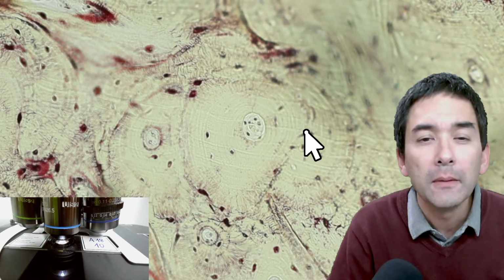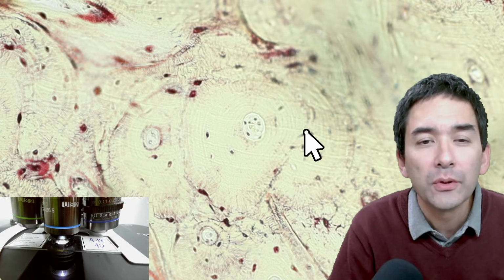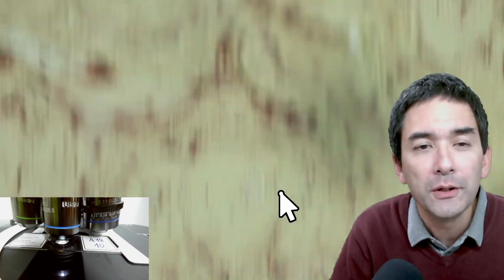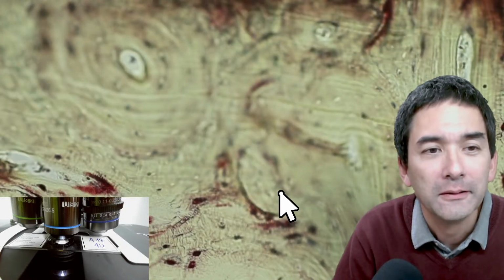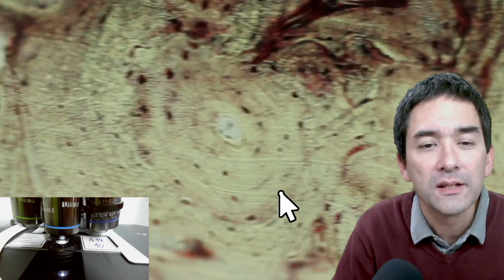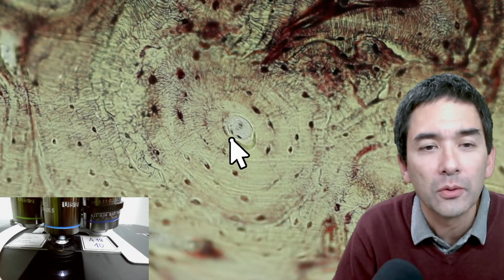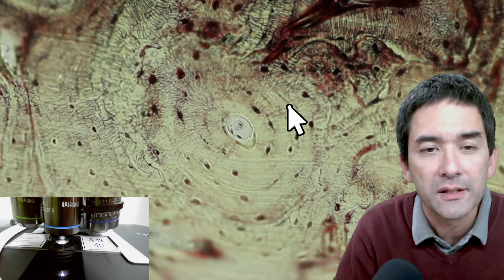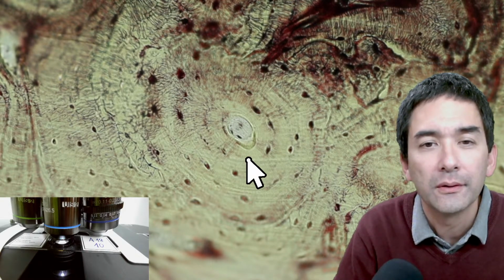Okay, and there's 40 times magnification here. I think the arrow is pretty nice. Here as well you see this at the bone. There's always this canal in the center, and then there are the bone cells arranged around it.